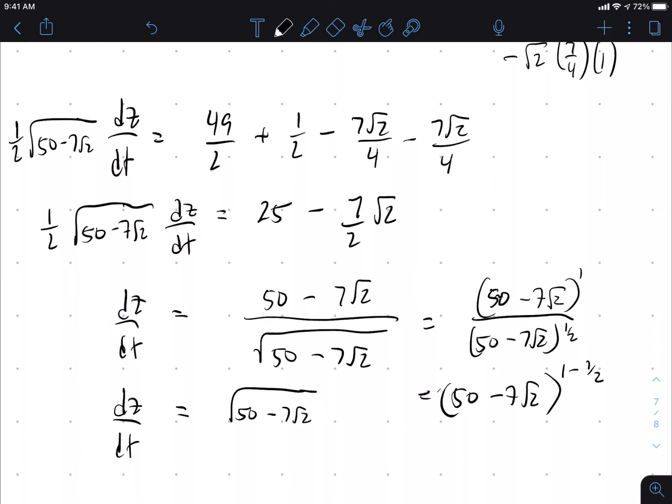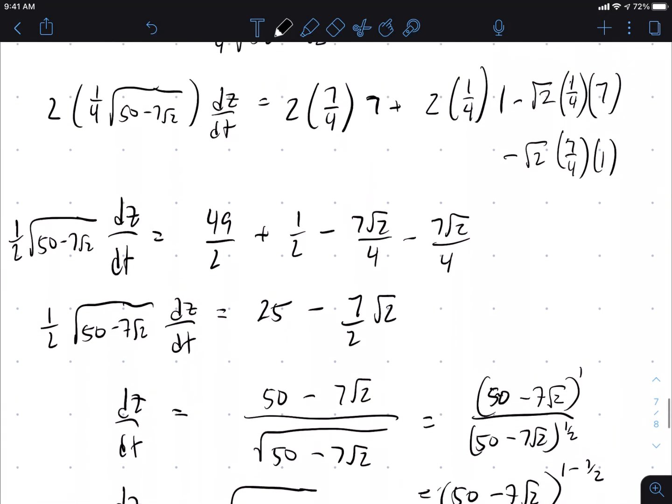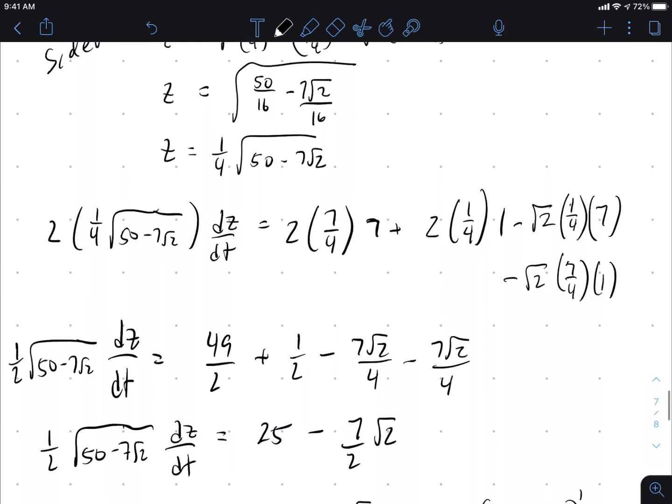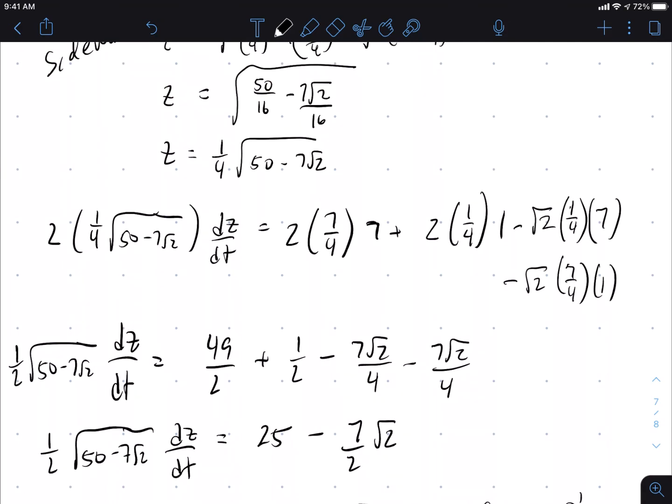Could you scroll up just a little bit? I didn't get that. How did you get that 1/4 when you divided by the 16 at the end of the radical? Here? It's in the denominator, right? What is the square root of 16?